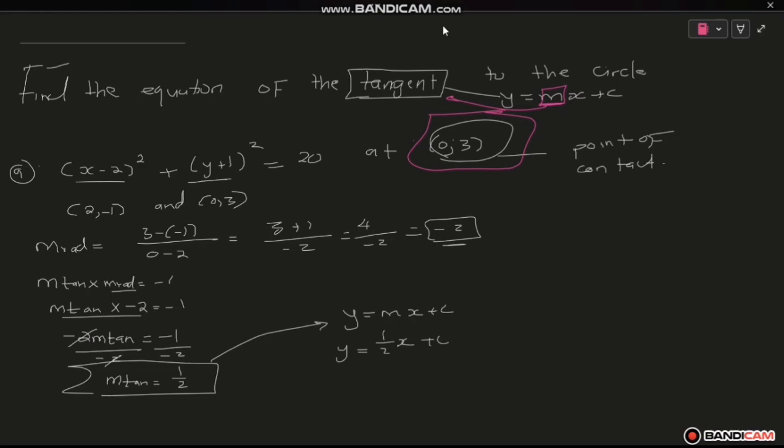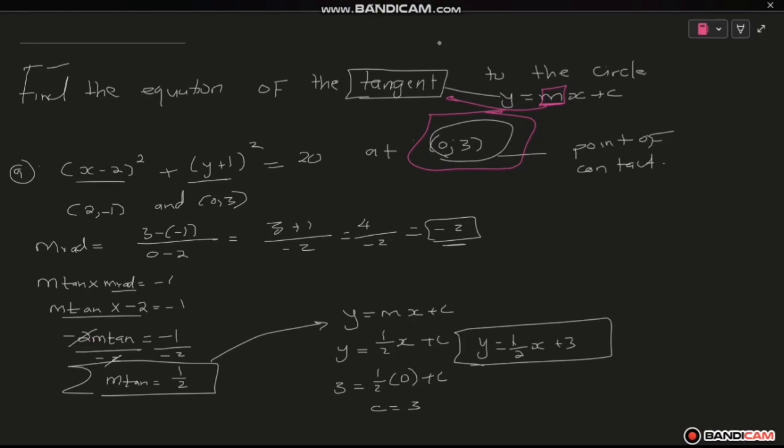So you substitute 3 for y: 3 equals half times 0, because x is 0, plus c. Then let us make c the subject of the formula. It will be 3. Therefore, y equals 1 over 2x plus 3. So this is the equation of the tangent.